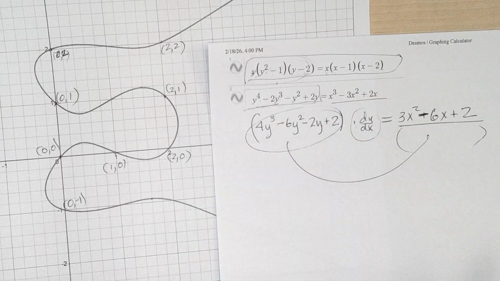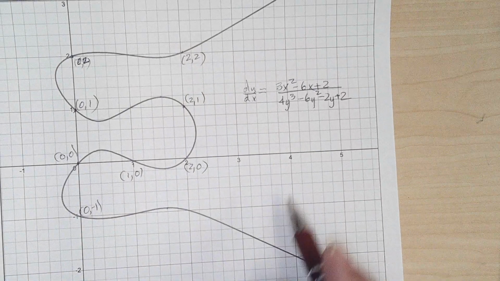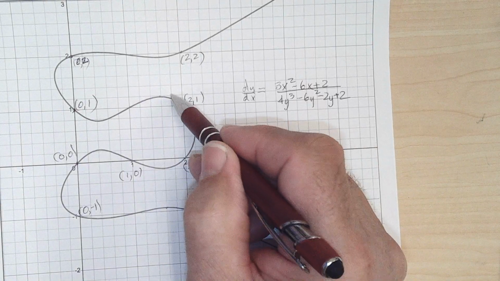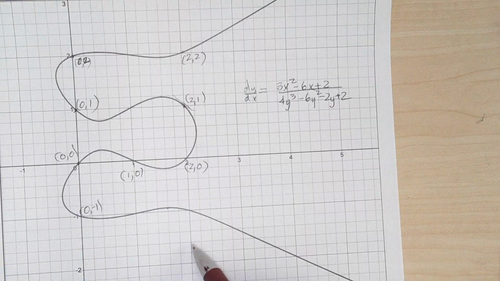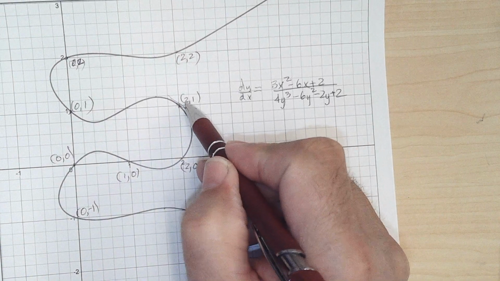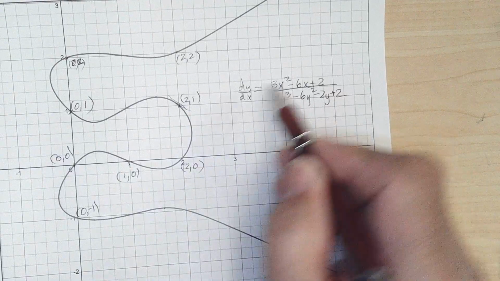I multiplied them together. But anyway, what's the slope look like it is right here? Let's say that looks like about -1. Let's see what it really is. Put 2 in for the x's.